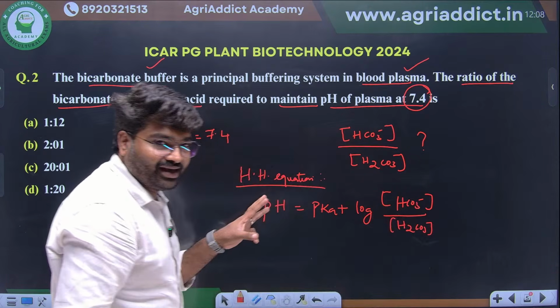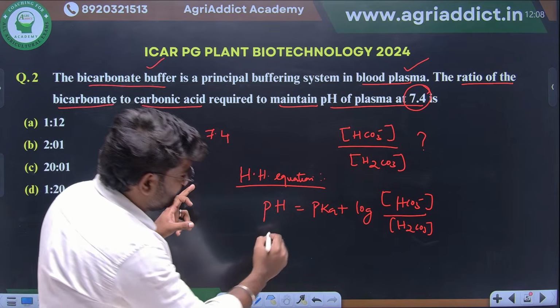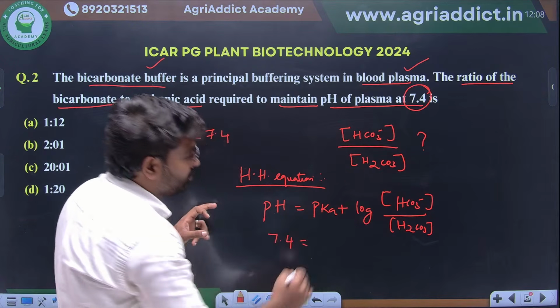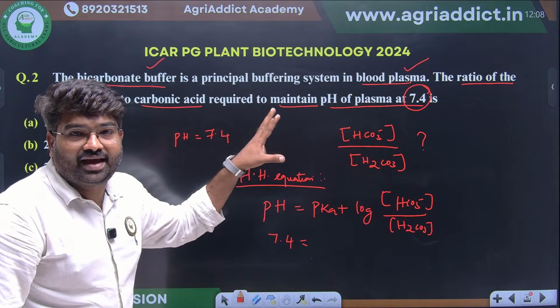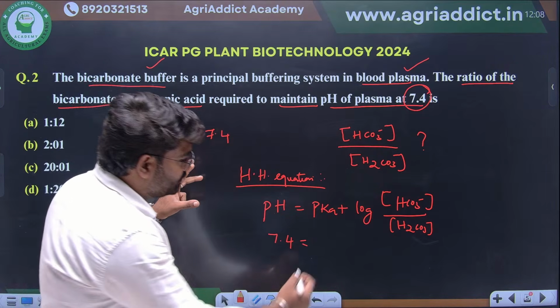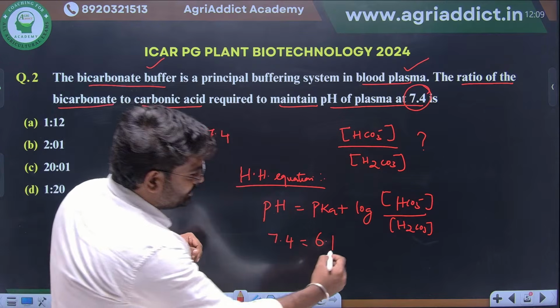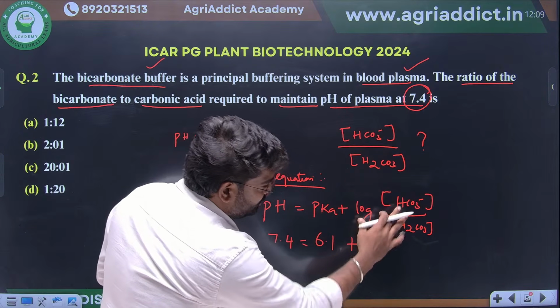I hope this is clear for everyone. Now, the pH value they have given is 7.4. We know the pKa for the carbonic acid bicarbonate buffer is 6.1. This is a very important thing.